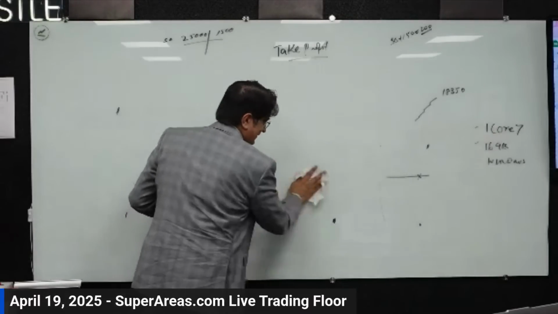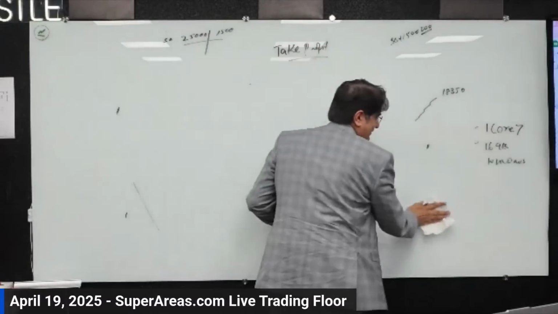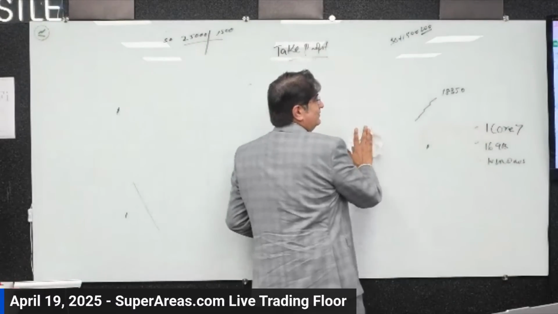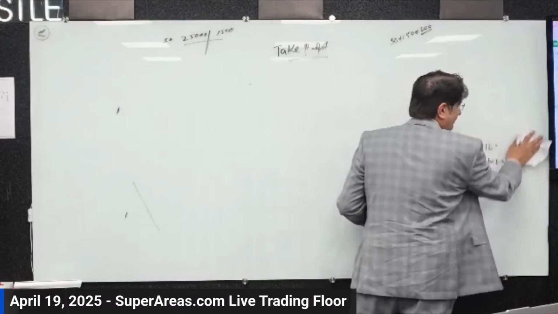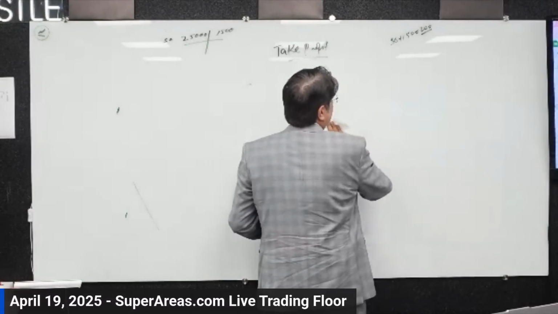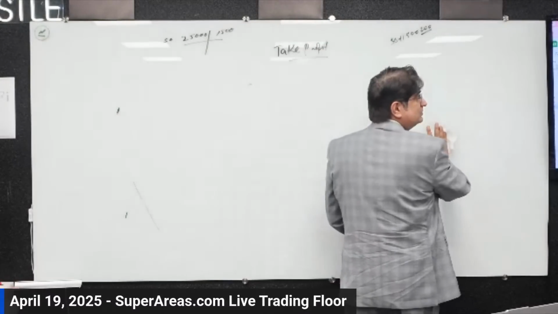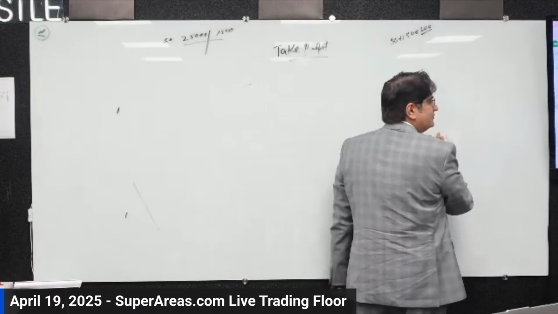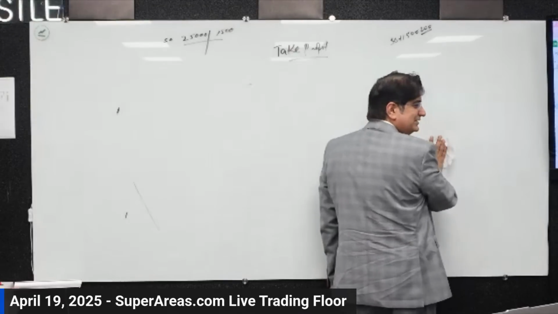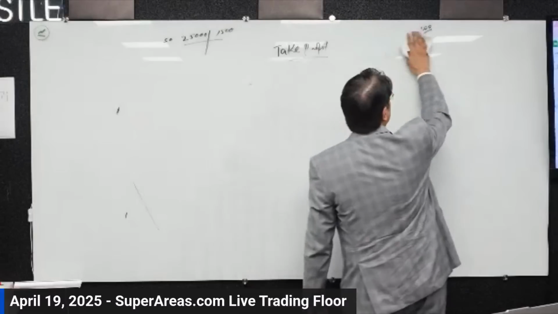Sorry, for take profit, at what point do you have to get to 26,500? 26,500, then you get qualified for daily payout. What about for 50K? 53, 50, 5200 something.